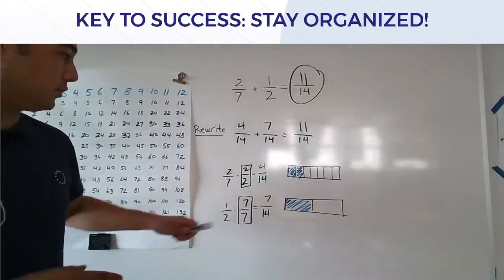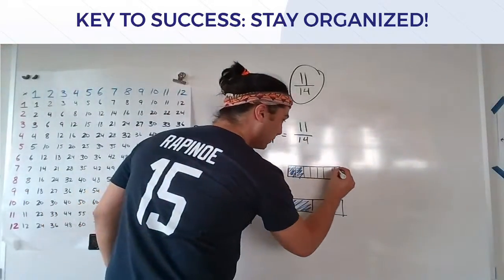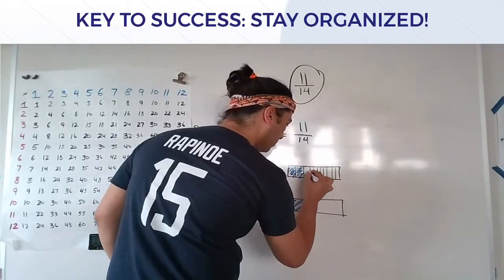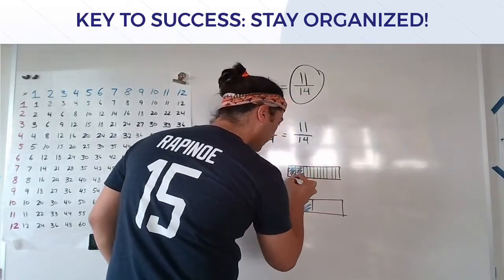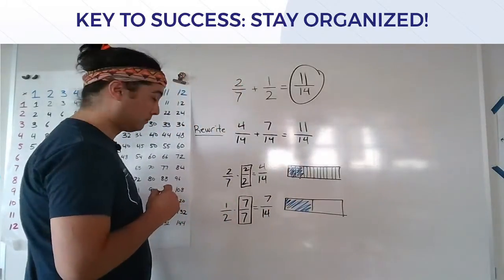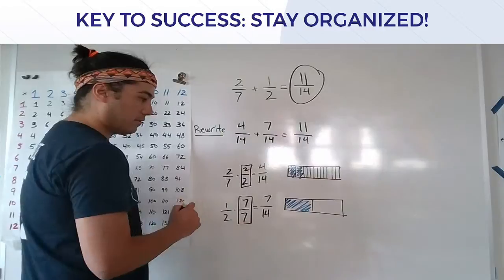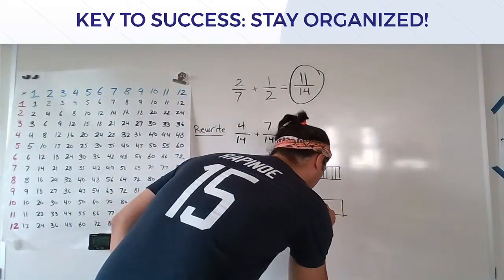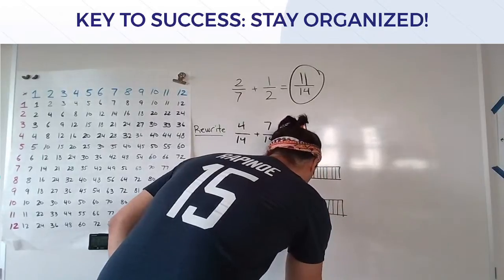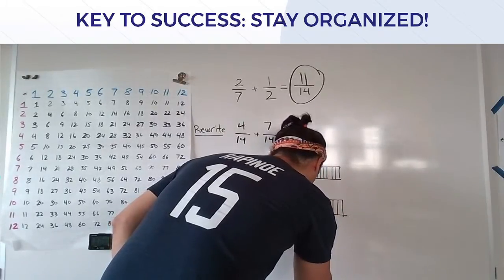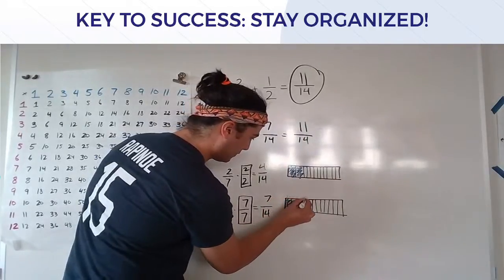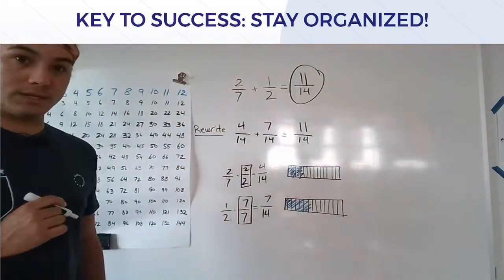So if we're doing 2/2, we're doing our 7 pieces times 2. We're making each one a group of 2, to have 1, 2, 3, 4 14ths. This one times 7 sevenths, so we're making a group of 7 with each one. And then we have 1, 2, 3, 4, 5, 6, 7 14ths.